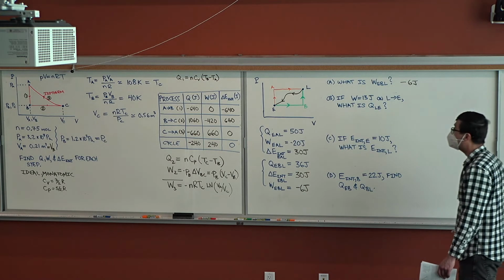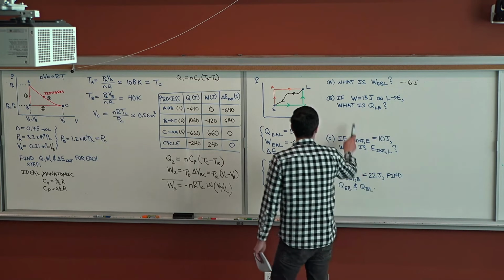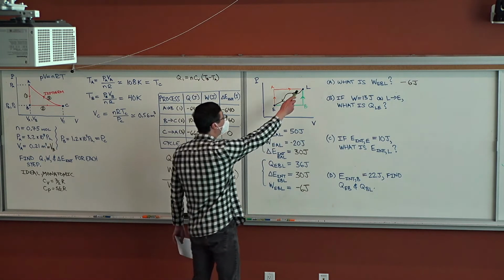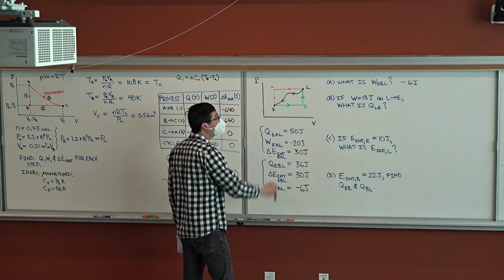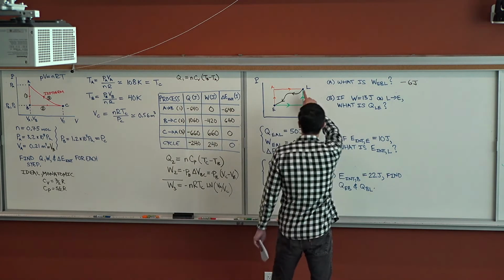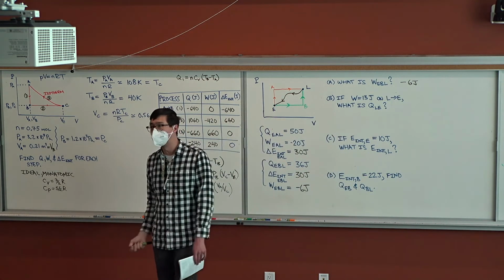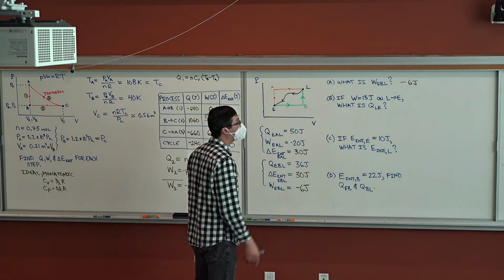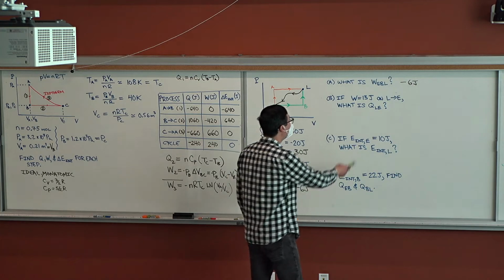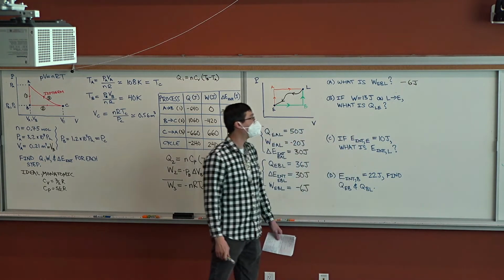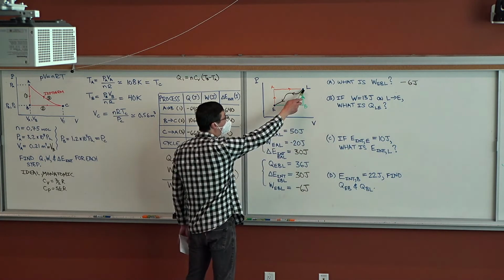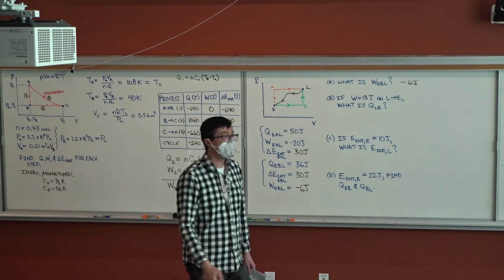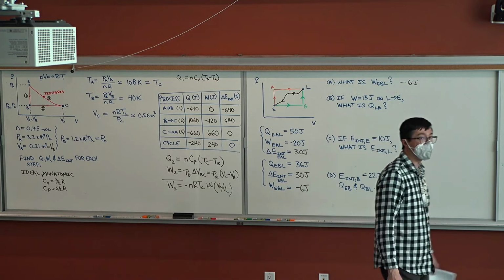All right, then our next question is, if we tell you that going from L to E along this weird path that I don't want to try and describe, if we tell you that the work done along that path is 13 joules, can we figure out what the net heat added from L to E is?